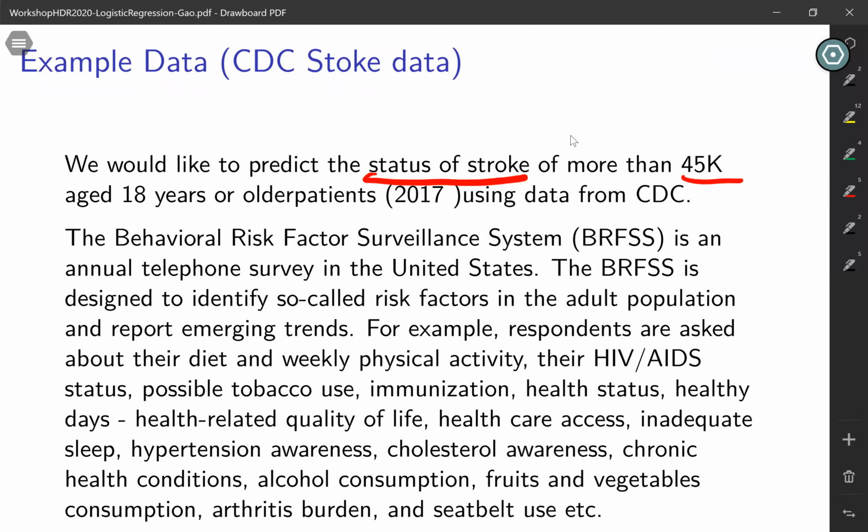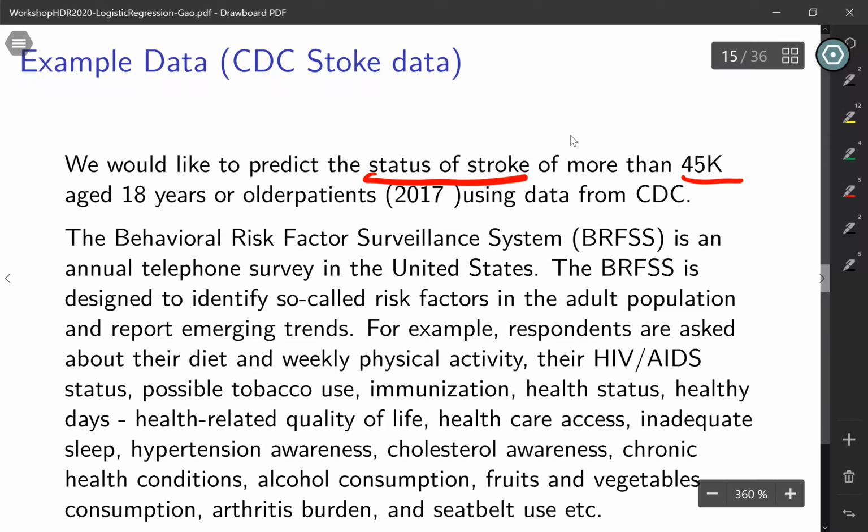That's why I want to use this data as an example. Like I explained, our Y is the status of stroke, which you can code as 0, 1.